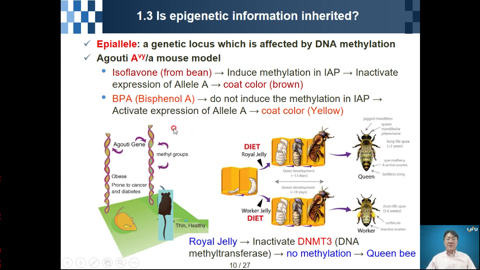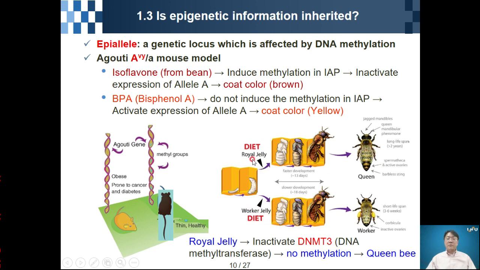Another example we can see in bees. Actually the genotype of the queen bee and the worker bee is the same. They start from the same thing, but in one group we treated with royal jelly, and the other group we treated with just worker jelly.